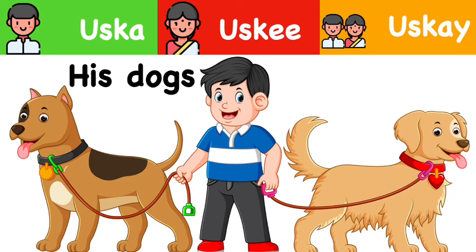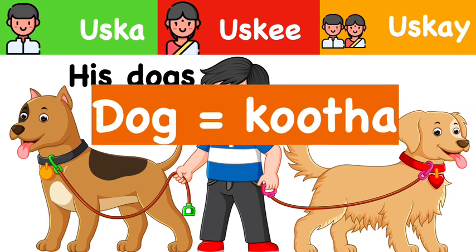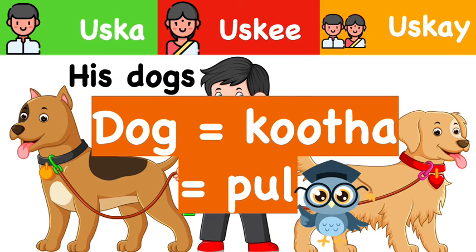All right, let's do some practice problems. His dogs. What would it be? Uska, uski, uske. Well, we already practiced that dog in Hindi is kutta. Kutta is a pull word. So would it be uska, uski, uske? It would be uske. Now, don't get confused. Don't think that because we don't know if the dogs on the screen are male or female, that's the way to think about it.